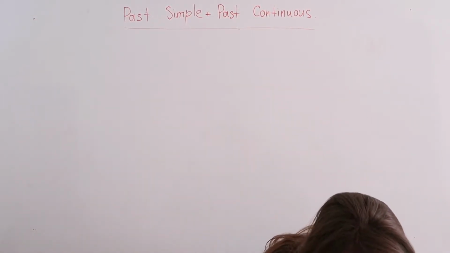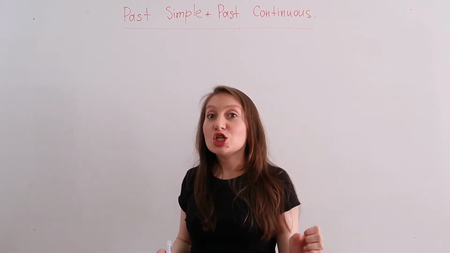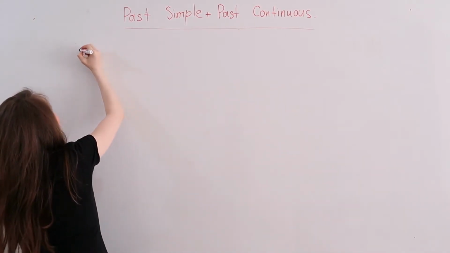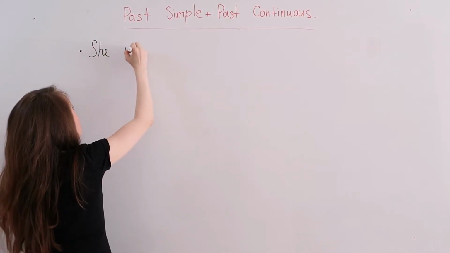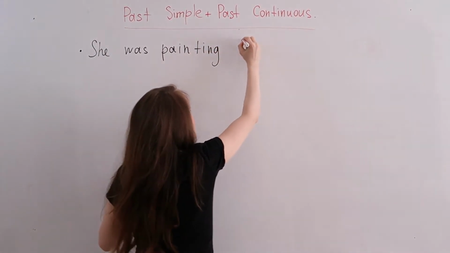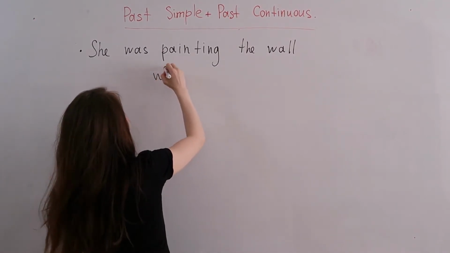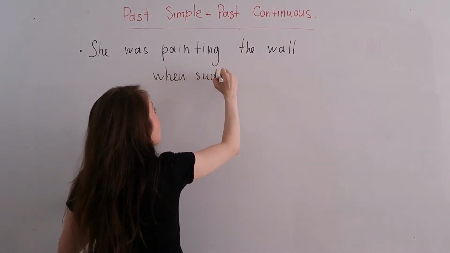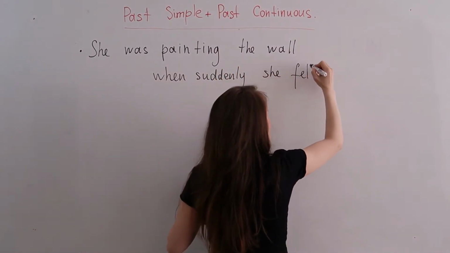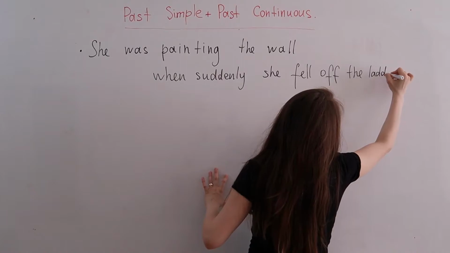So, the sentence is, she was painting the wall when suddenly she fell off the ladder. Let me write it first. So, she was painting the wall when suddenly she fell off the ladder.